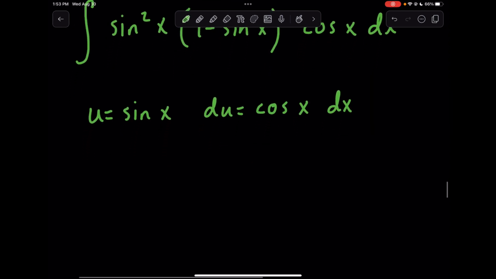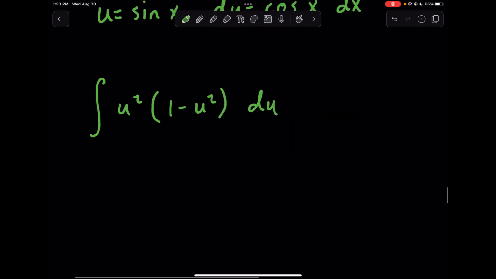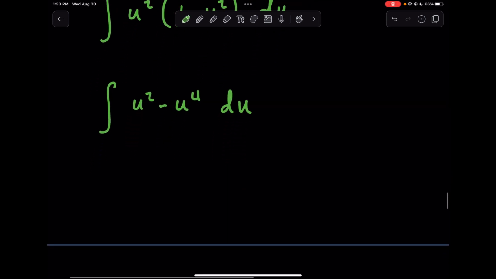So now we can rewrite this in terms of u. So we have u squared times 1 minus u squared du. From here, we can simply distribute out the u squared. So it's u squared minus u to the 4th du. And we apply power rule.